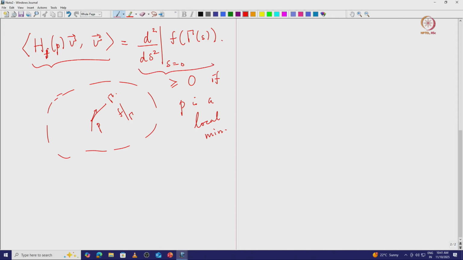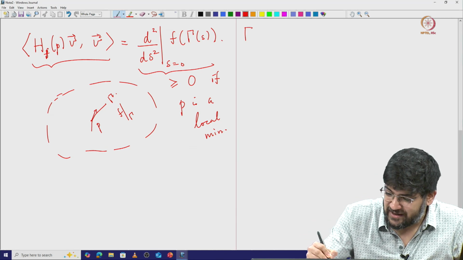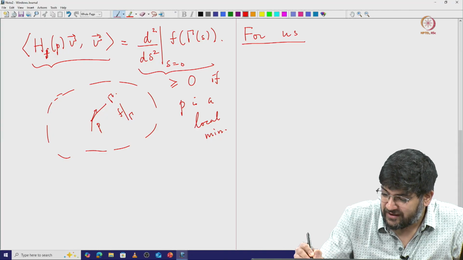The idea for us will be to try to compute a quantity that looks like this. So for us, what is going to be the dictionary?